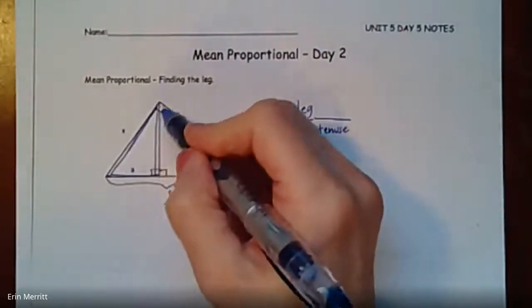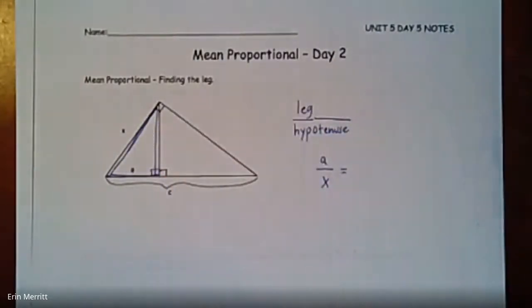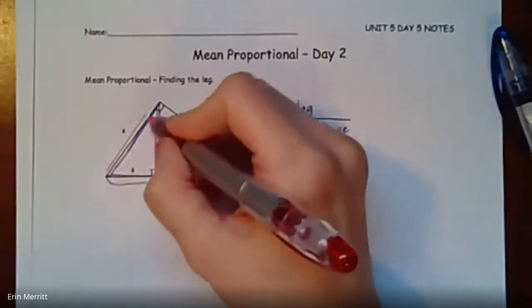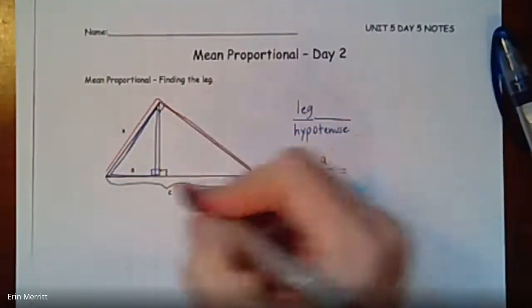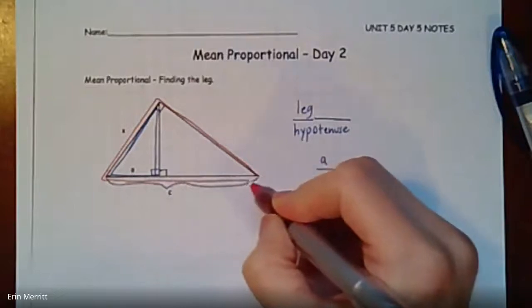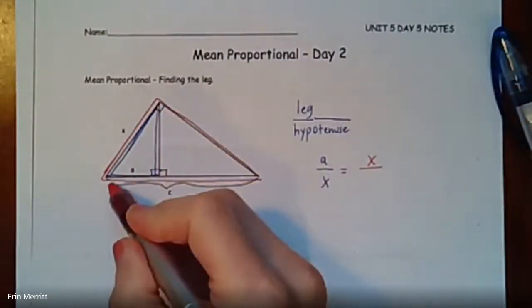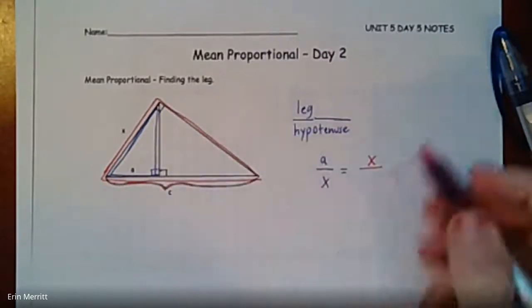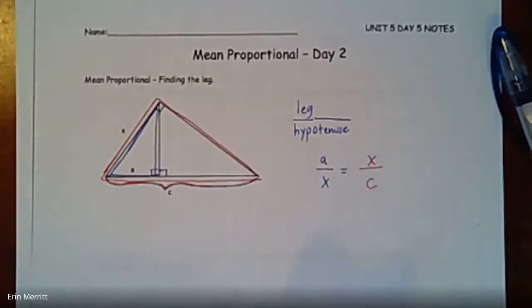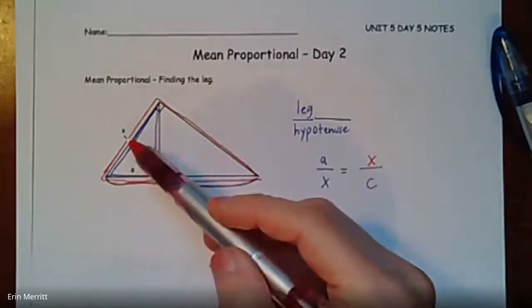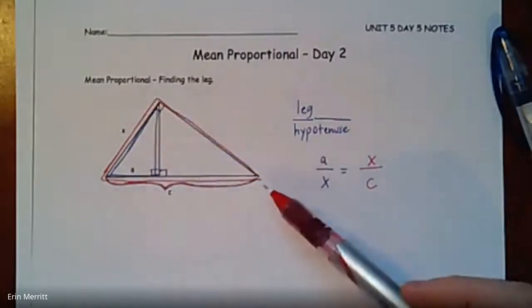The hypotenuse would be the X. Now in the big triangle, X is the leg, and the hypotenuse is this whole length here, C. We can cross multiply and solve for that X value or any value in that relationship that we want. But it's all based on the setup: the leg to the hypotenuse equals the leg to the hypotenuse.